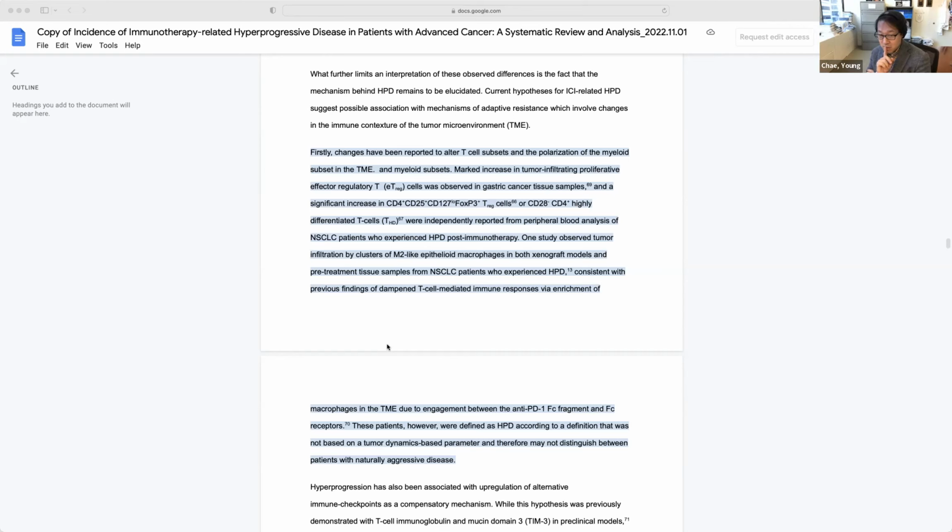Because of the number? Because of the definition. Because the definition was not based on tumor growth dynamics. How many patients were in that lung cancer paper, that M2 paper? 152. Oh, that's a lot.